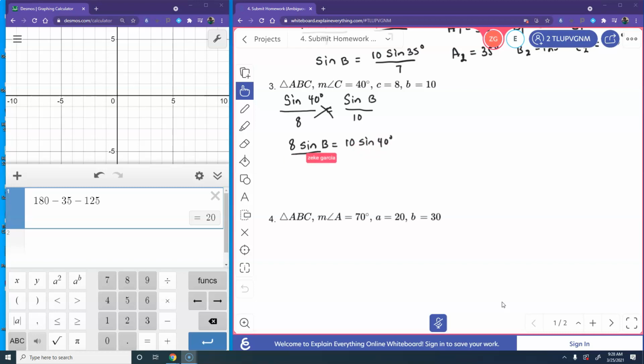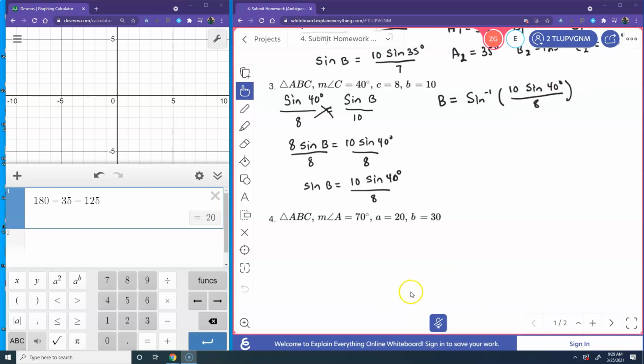Now we're going to divide both sides by 8. So we have the sine of B is equal to 10 sine of 40 degrees over 8. So to find that angle, we're going to use the inverse sine again. So write down B is equal to the inverse sine of the ratio, 10 sine of 40 degrees over 8.